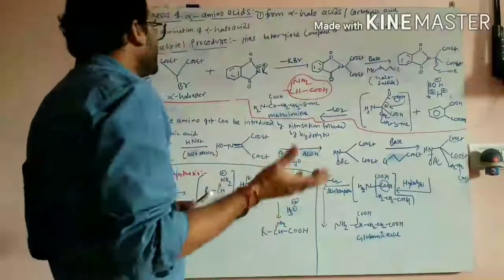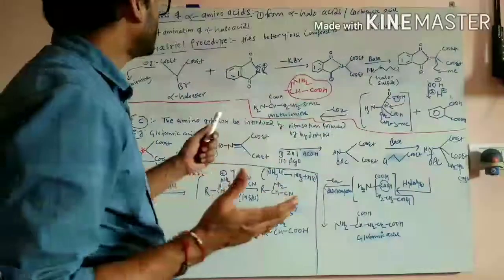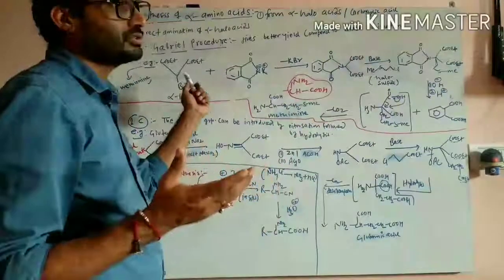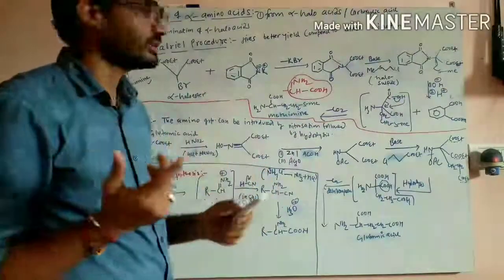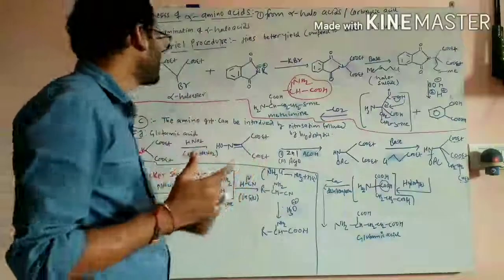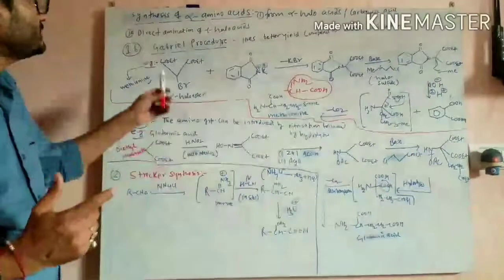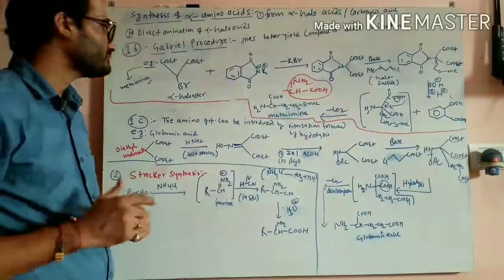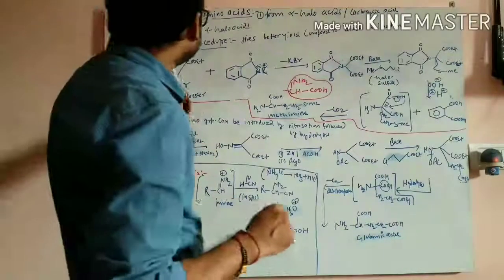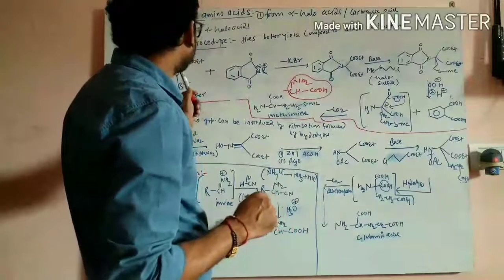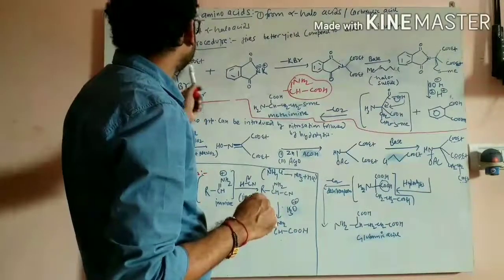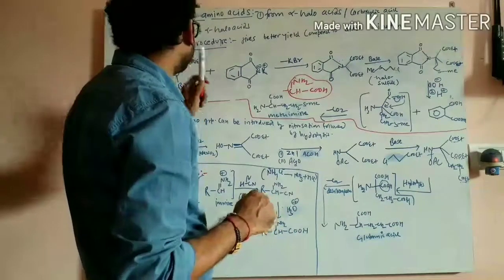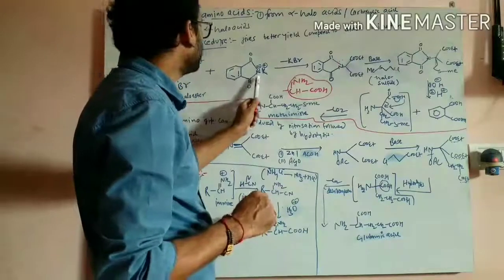If we go for alpha halogenation of this malonic acid through the HVZ reaction, we can get the alpha bromo acid, and this acid is converted into the ester. This alpha haloester, alpha bromo diethyl malonate, is treated with potassium phthalimide.